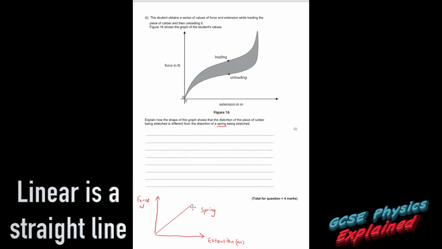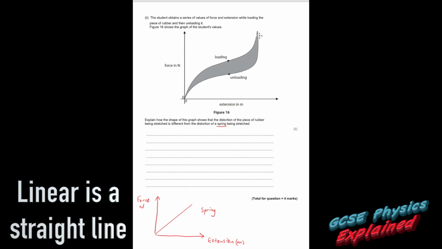Right, well, a force extension graph of a spring looks like this. As long as you don't exceed the elastic limit, it's basically a straight line. Now when you load the spring, it's a linear extension, and then when you unload it, it goes back the same way. Whereas this, you can see for the piece of rubber, it's not linear.